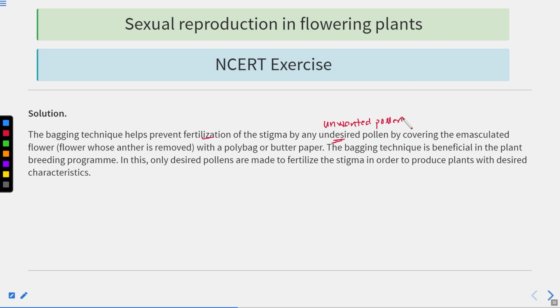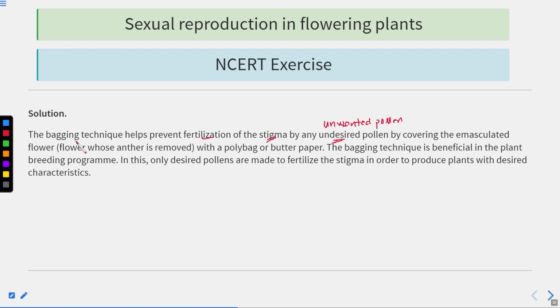These pollens are present in the air, and some pollens can be carried by insects. So we have to make sure that the unwanted pollen does not land on the stigma, and only the desired pollen that we have selected fertilizes the stigma. Okay, so this bagging technique is very useful in that.